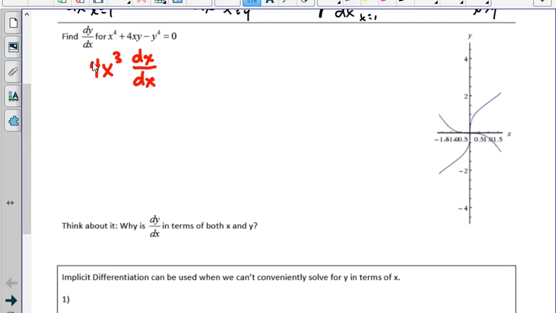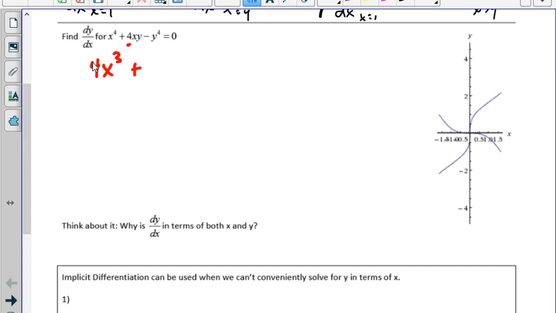Intuitively, we think that the derivative of x with respect to x is going to be 1. That's because when you change x a certain amount, x is going to change the exact same amount. So we typically don't write dx dx because it ends up being 1. But that's something that happens all the time when we take a derivative with respect to x. That plays an important role as we move along in this.